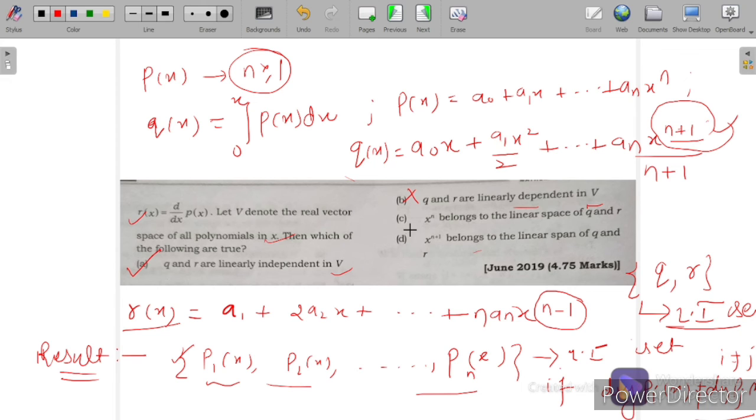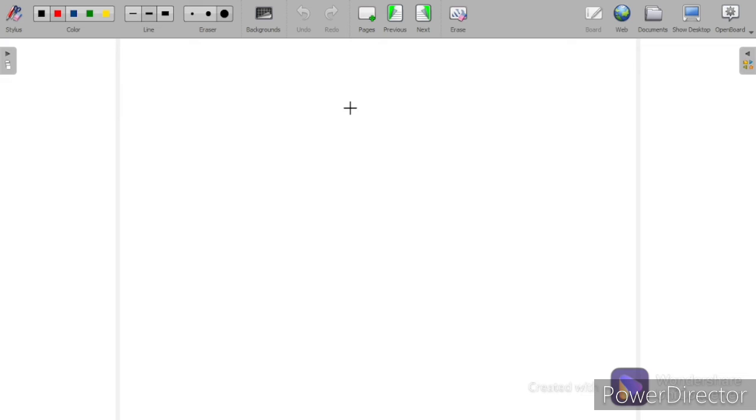Now for the third and fourth option, you can take a counter example. See, take a polynomial p of x as 3x plus 5. Here n is 1 because the degree of p of x is 1.